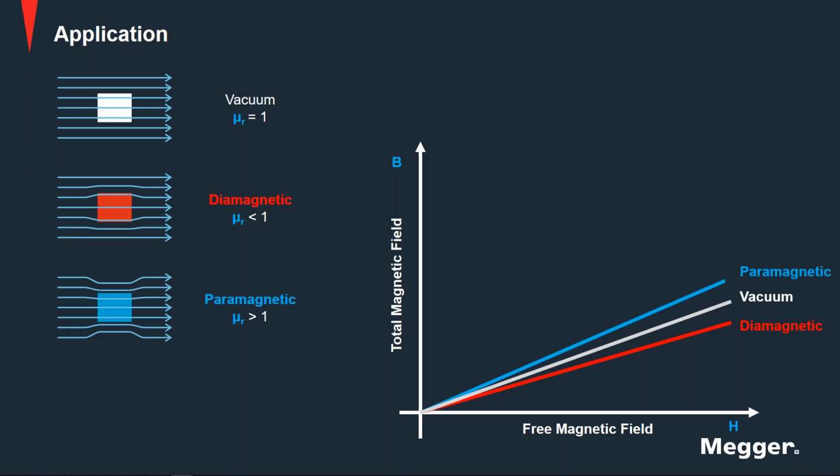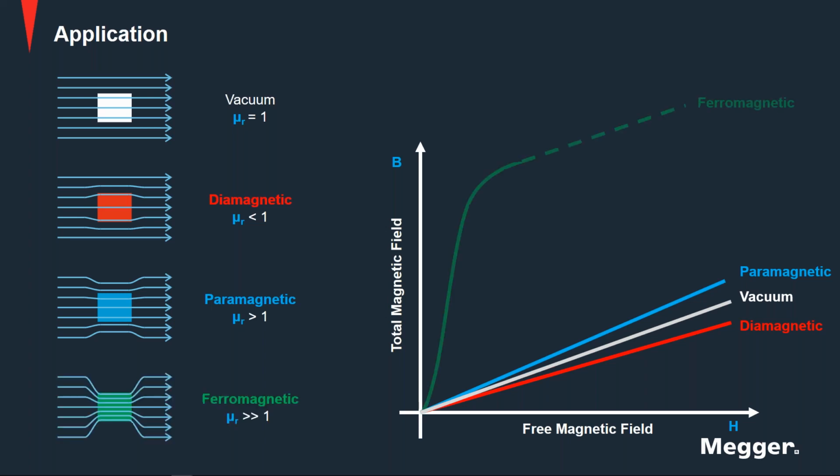Next, we have paramagnetic material. This material will accept a magnetic field. The important note with paramagnetic and diamagnetic material is that once the magnetic field is removed, it will lose the magnetism that was introduced to it. This is in contrast with ferromagnetic material.